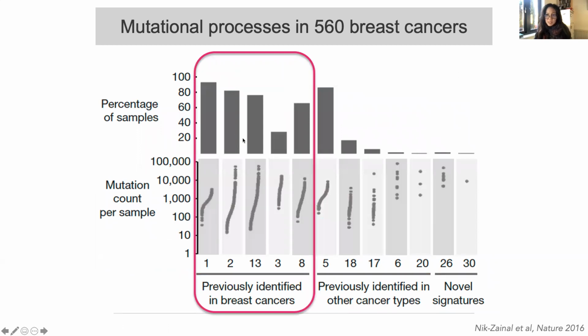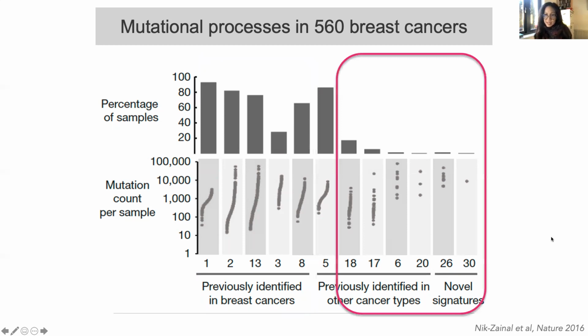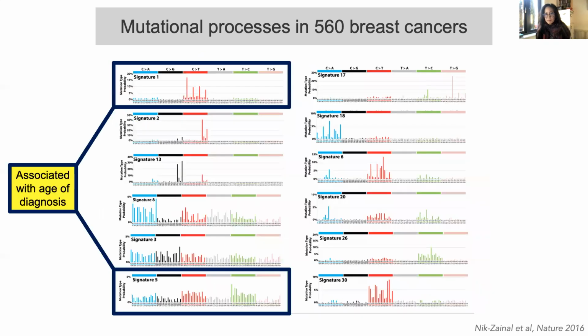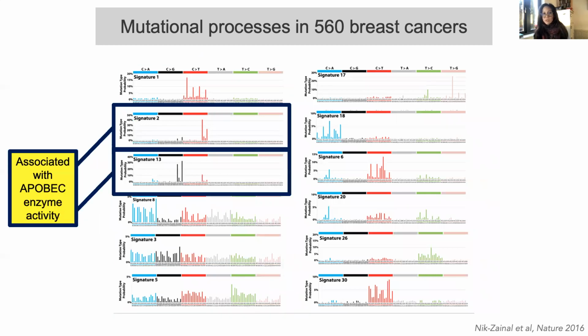They're present in many different breast cancers, and hence they were easily detectable even when the numbers of samples were low. The increase in scale and power afforded by sequencing 560 breast cancers permitted the detection of relatively infrequent or rarer signatures present in fewer samples. If we look at the causes of these signatures, signatures 1 and 5 are associated with age of diagnosis.